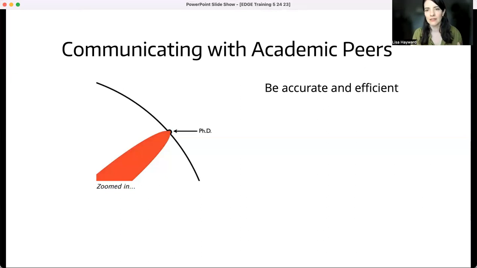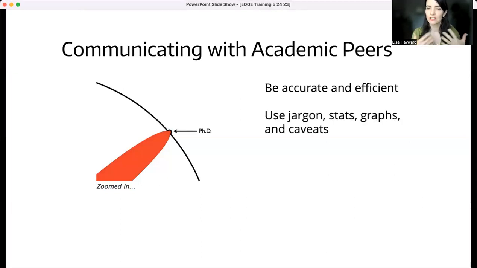Everything needs to be very dense. We need to use jargon, which is shorthand for complicated concepts that you don't want to write out every time. Statistics, graphs, caveats, all things that provide obstacles when we go to communicate with a more general audience.